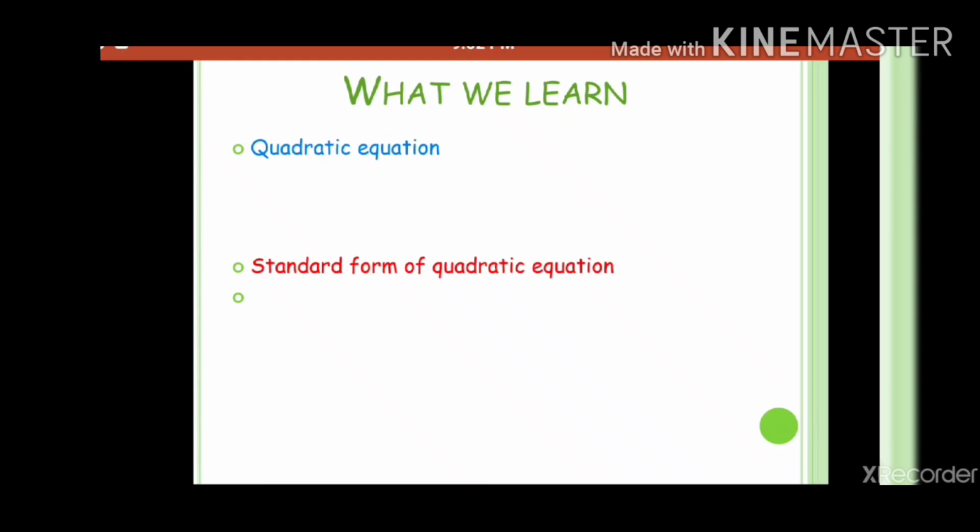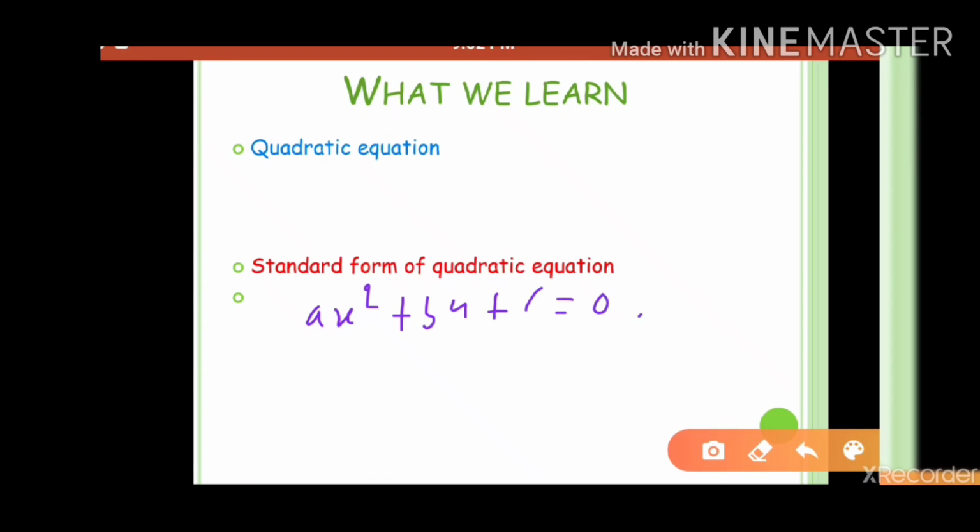Now we learn about the standard form of a quadratic equation. We know that the standard form of a quadratic equation is ax squared plus bx plus c equal to 0, where a is not equal to 0.